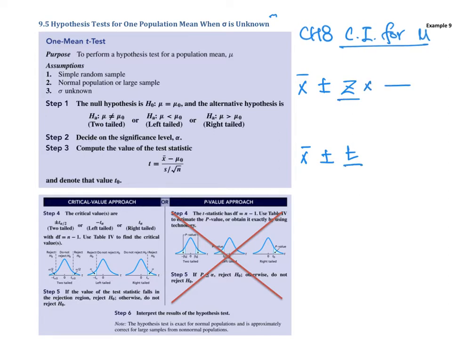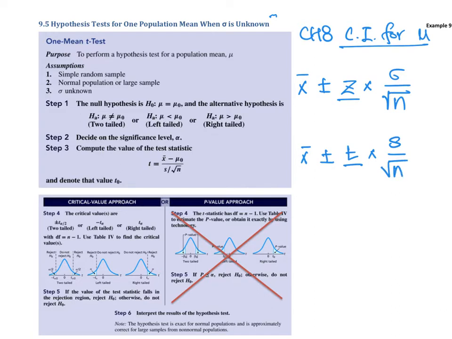When we chose a z-score, we had a sigma over the square root of n. When we use the t-score as a critical value, then we had the sample standard deviation s, and here is a square root of n.